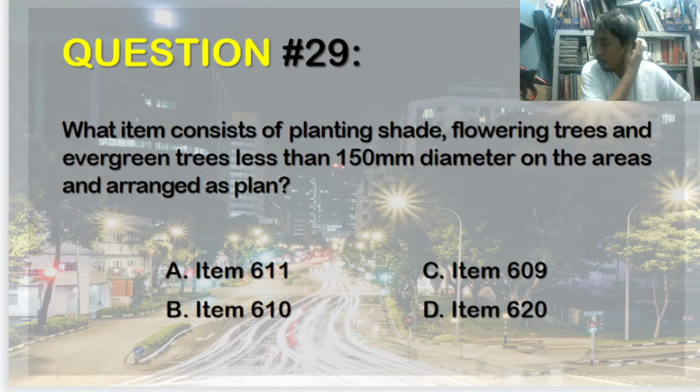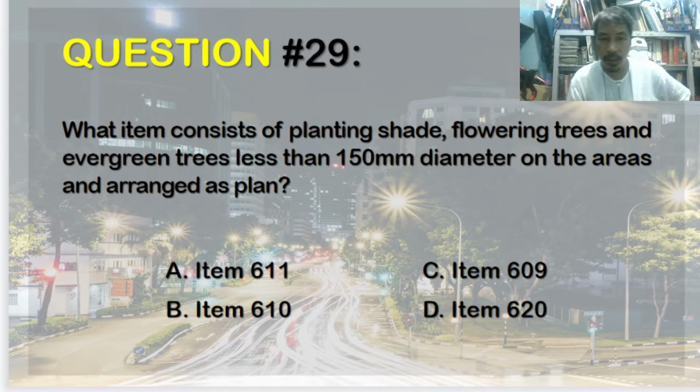We are looking at the item number according to the department order of DPWH. The trees are to prevent erosion, but also to provide shade. Not only for erosion.